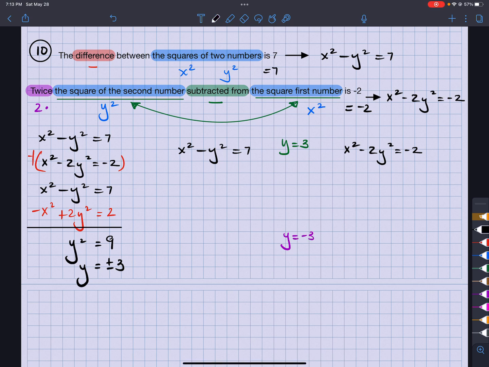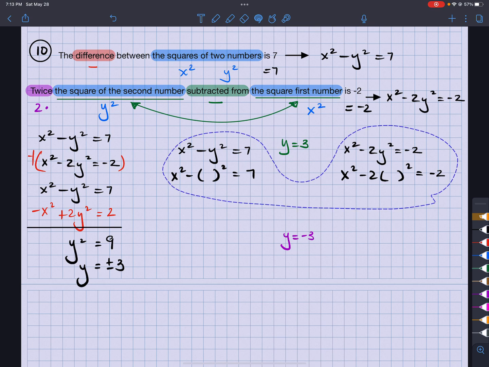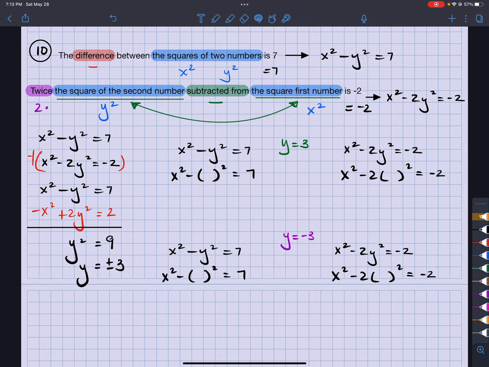So for the y value, I'm going to go ahead and say x squared minus y squared equals 7, and x squared minus 2y squared equals -2. I'm going to take this and put it down here as well.